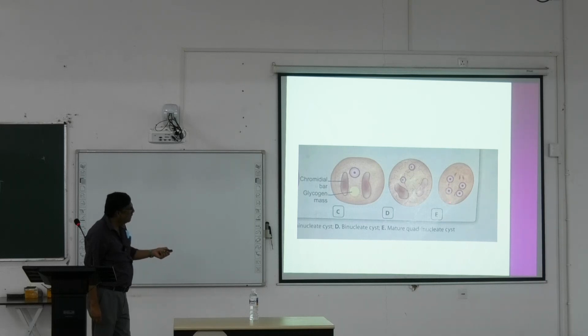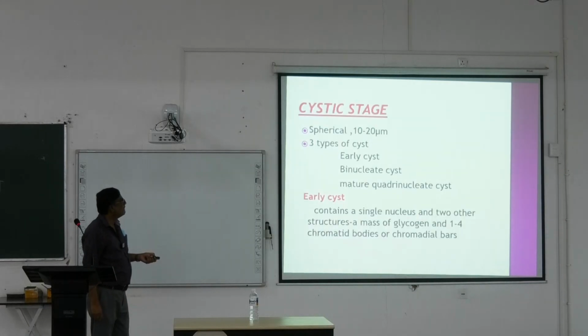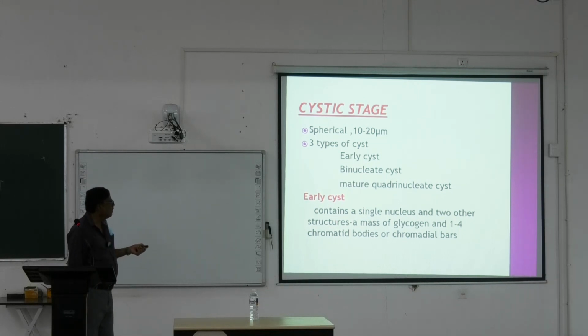So this quadrinucleate form is the infective form of Entamoeba histolytica, 4 nuclei. Spherical, size gradually reducing, 10 to 20: early cyst, binucleate cyst, and mature quadrinucleate cyst. So always remember this particular thing, that the infective form is the mature quadrinucleate cyst.